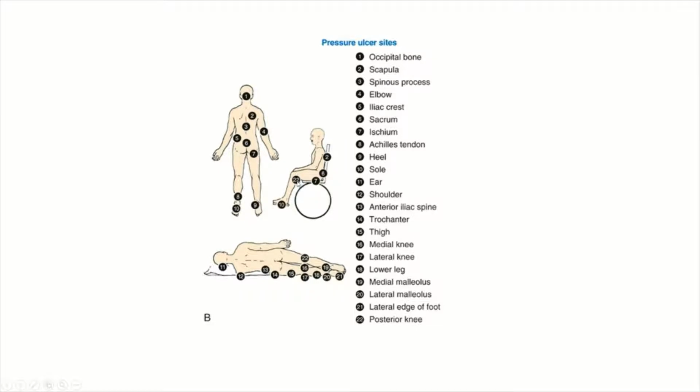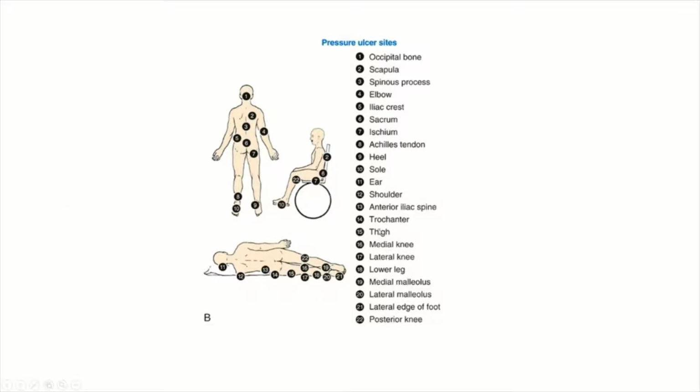The back of the knee on a wheelchair seems that it could pretty easily create an area of pressure that's going to impede that blood flow. Also looking at the wheelchair, we have the sole and the ischium and the sacrum, and then that spinous process.